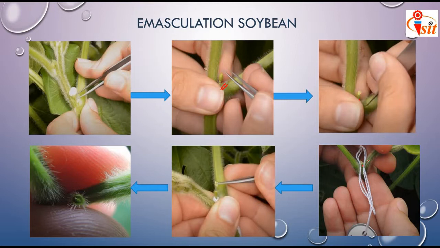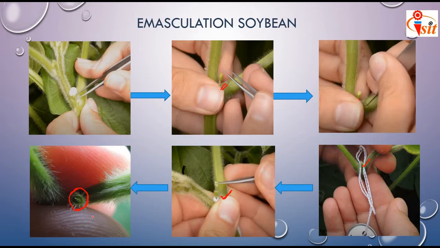Then the anthers are also removed, and the remaining structure, see here, is the gynoecium. Pubescence is also present on a soybean plant, and the remaining structure is only the gynoecium. So the emasculation is done here.